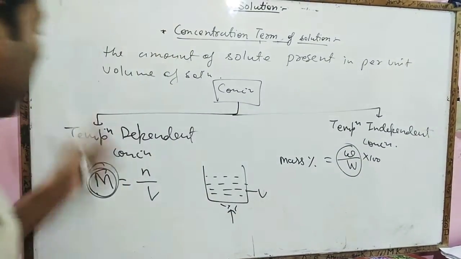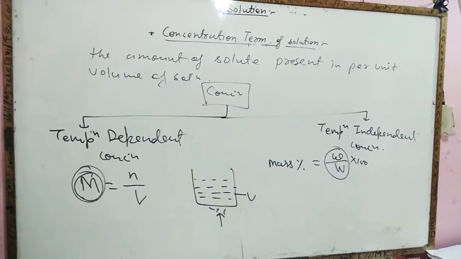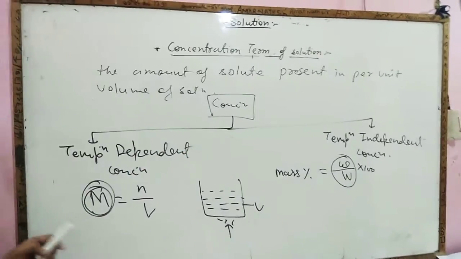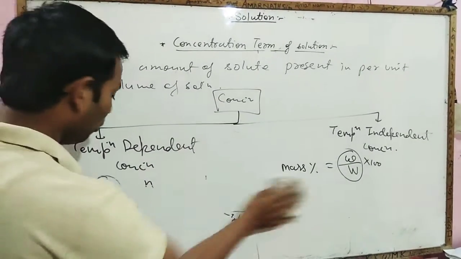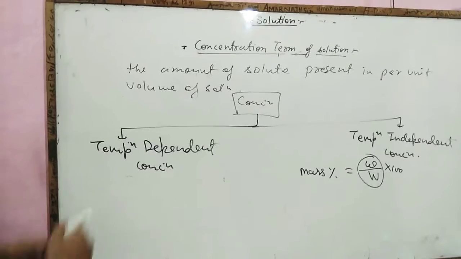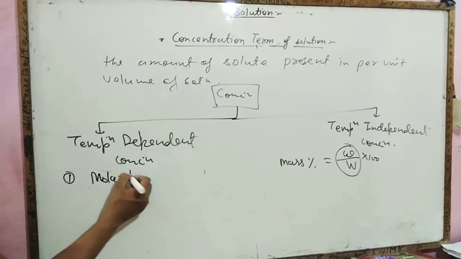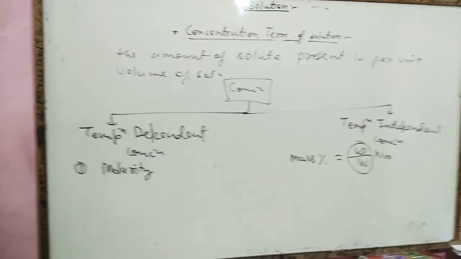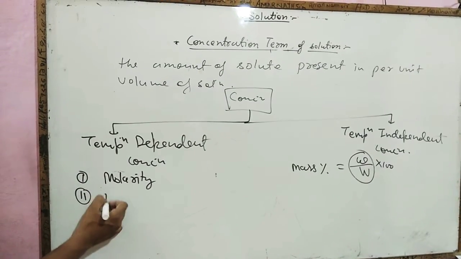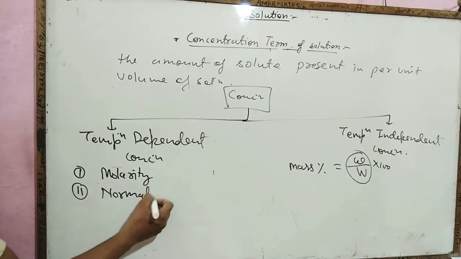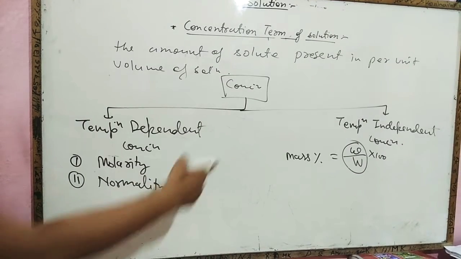Clear? So I am going to classify temperature dependent and temperature independent terms. How many types of each are there? Look here, I am going to write all the names. The first is molarity. Molarity is a temperature dependent concentration. Second one is normality, also temperature dependent.